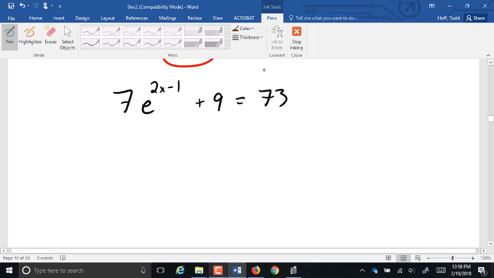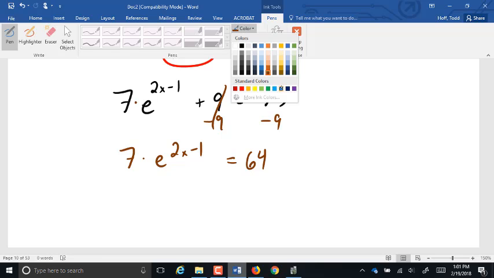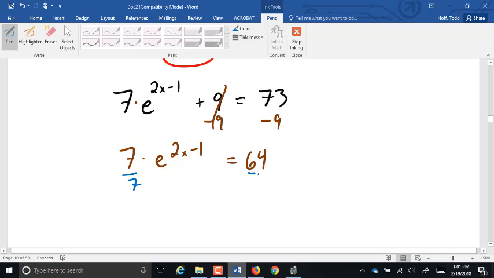Try this one. So what do we do first? Subtract 9. So 7 times e to the 2x minus 1 equals 64. Then divide by 7. So e to the 2x minus 1 equals 9.142857 approximately.